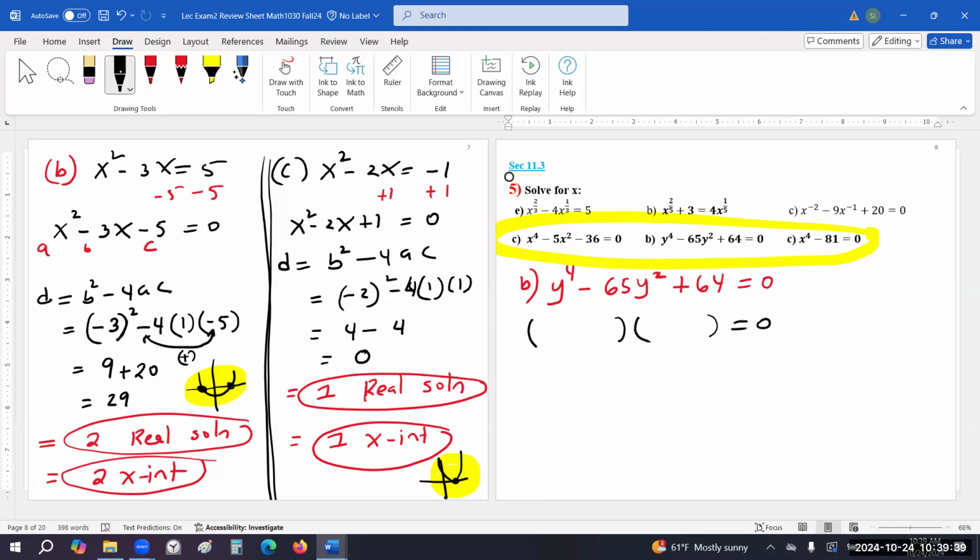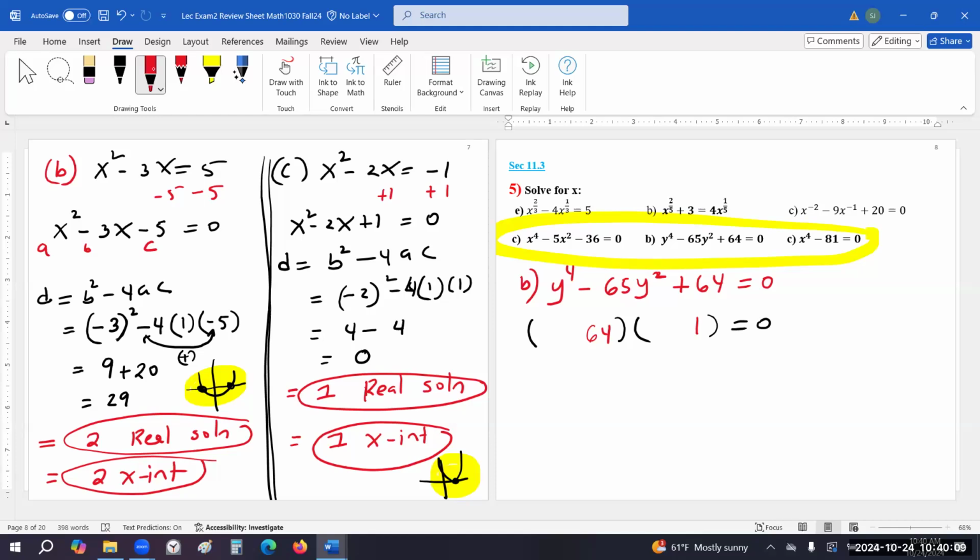Can you think of 2 numbers that when you multiply them, you get 64, and when you combine them, you get 65? What are the 2 numbers? 1 and 64. So it's 64 and 1. How about the signs? 64 times 1 is 64. 64 plus 1 is 65.